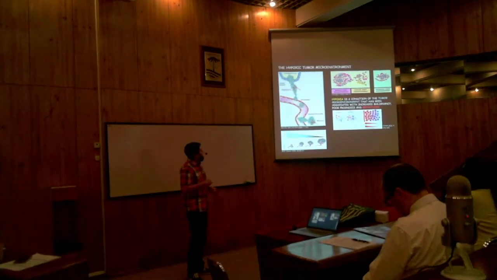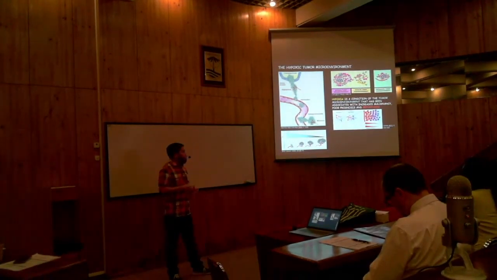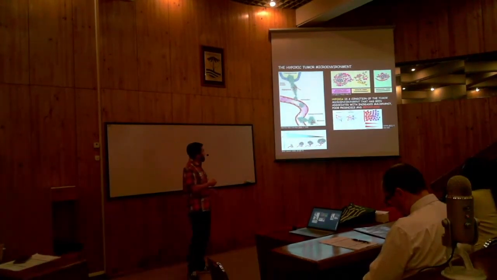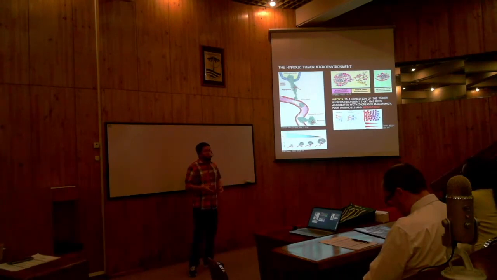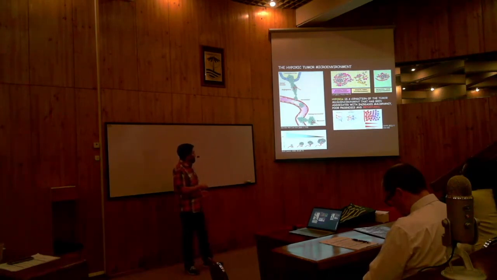In particular, at the tumor microenvironment, we have this condition that I mentioned earlier, hypoxia, which is the decrease in the oxygen levels in the tumor microenvironment, and hypoxia has been associated with increased malignancy, poor prognosis, and metastasis. So when we have this condition, we have an increased incidence of dissemination of tumor cells.